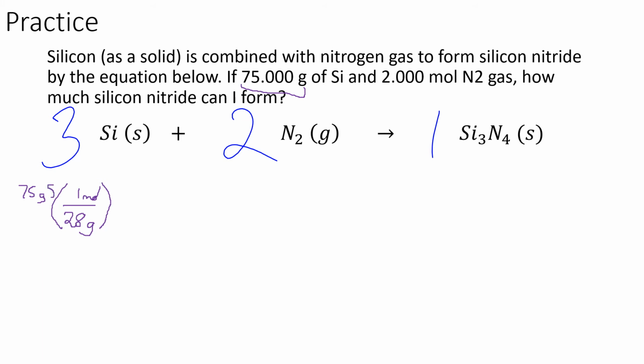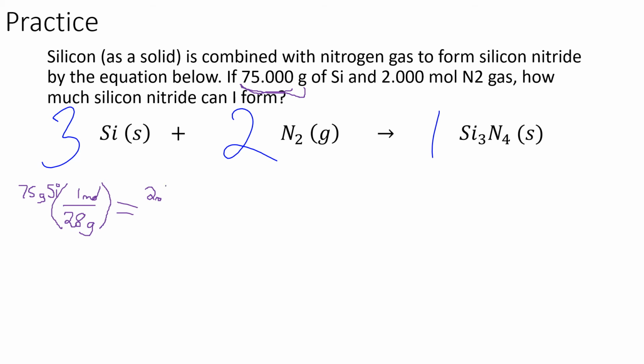I've got 75 grams of silicon specifically, and then 1 mole per 28 grams. And that's going to give me, what do I get here? 2.6. I only use 2 sig figs on my molar mass, though, so I'm going to go back and recalculate it later, and I'm going to keep my 2.6 for now.